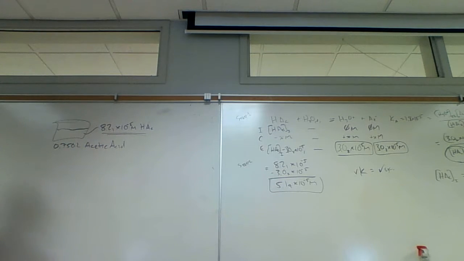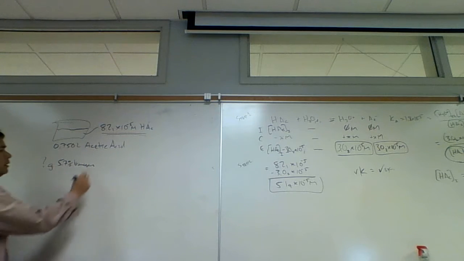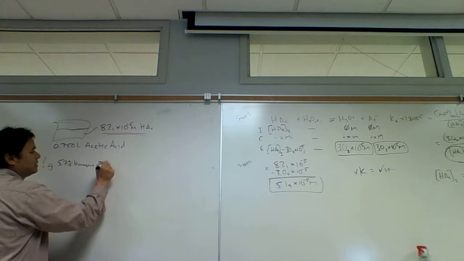It's 5.7% vinegar. And so what we want to figure out is how many grams of 5.7% vinegar is required to make that solution. We're just going to use some Chem 1A dimensional analysis.